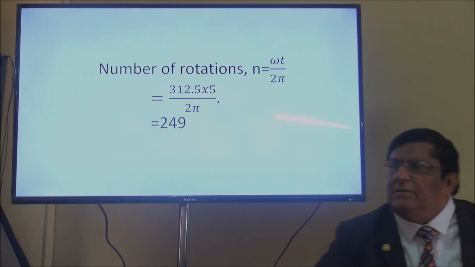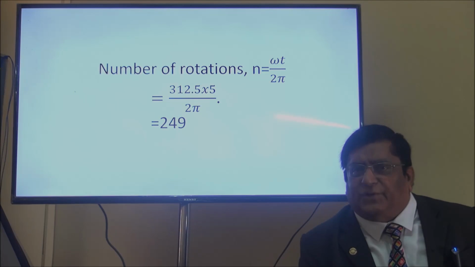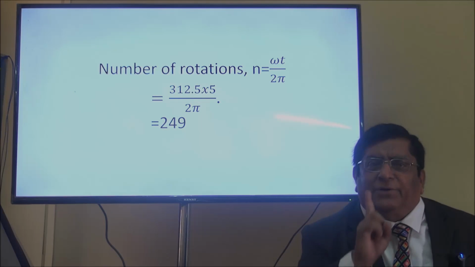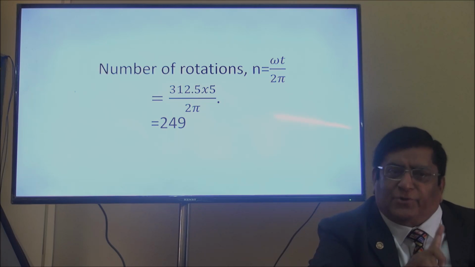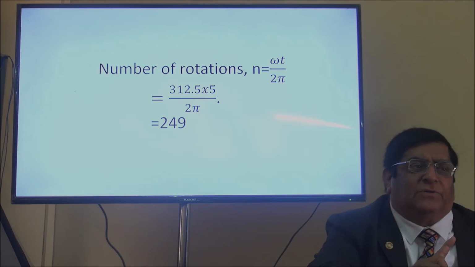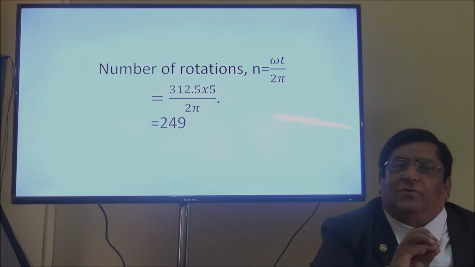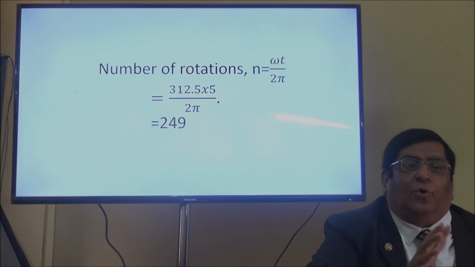Result does not matter because of the square root, because of the root 3. It may be slightly different here and there. But you understand the method of it? Right? In a projectile motion, we find out T. And putting the value of L, that is I omega is equal to mvr, we find out omega.